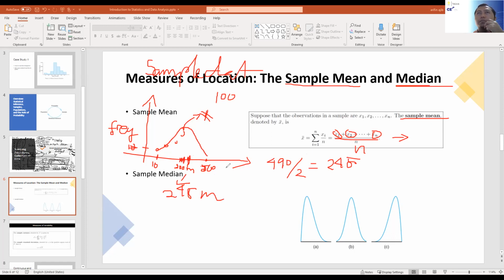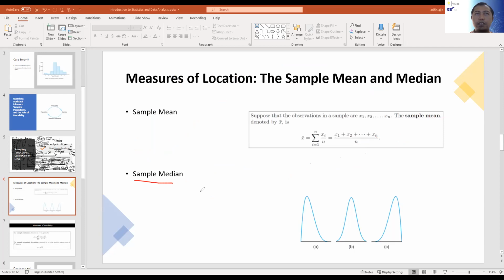Actually, the median is less meaningful compared to the sample mean here. Usually, when we talk about the data, most people ask what's the mean of the data, because the mean reflects the common people. I mean the common data, the location. What is the location? What is the common value? Yeah, something like that. Okay, and this is a sample median.